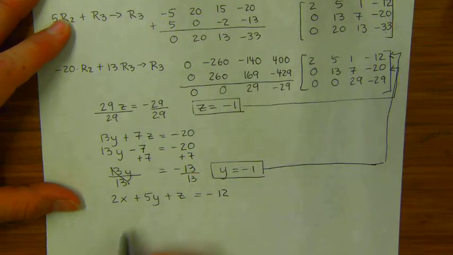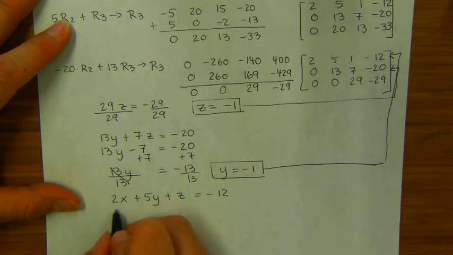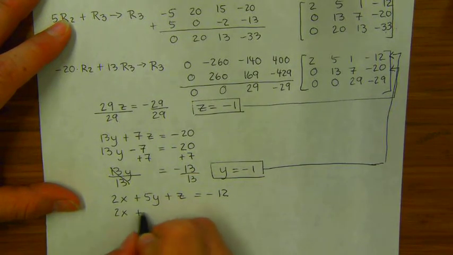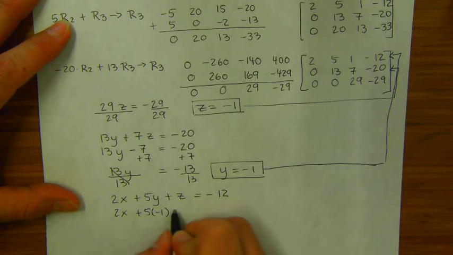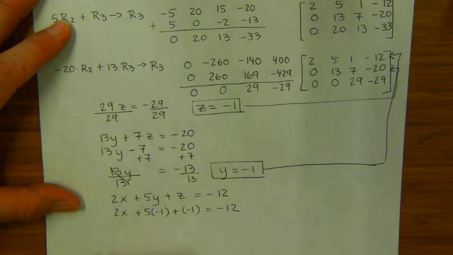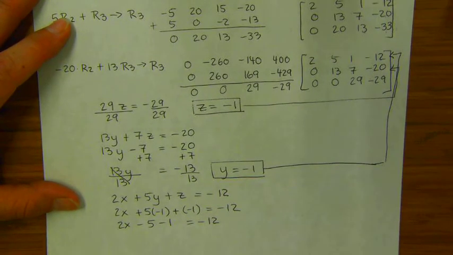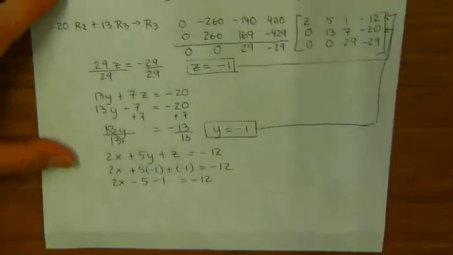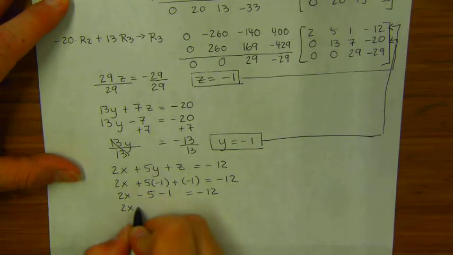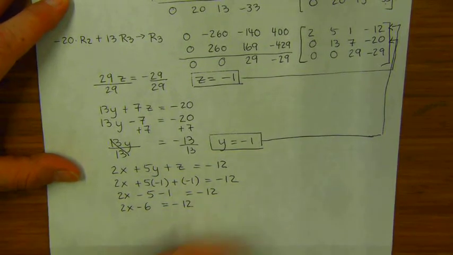I'm plugging in my y, I'm plugging in my z. I have 2x plus 5 times negative 1 plus negative 1 is equal to negative 12. That is 2x minus 5 minus 1 is equal to negative 12. And over here I have 2x minus 6 is equal to negative 12.